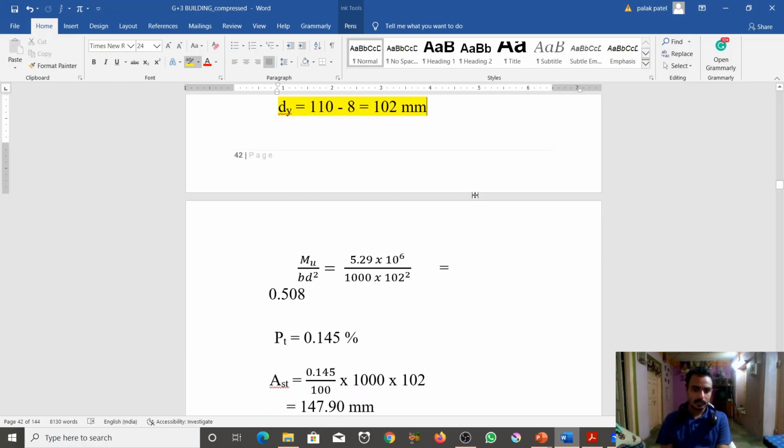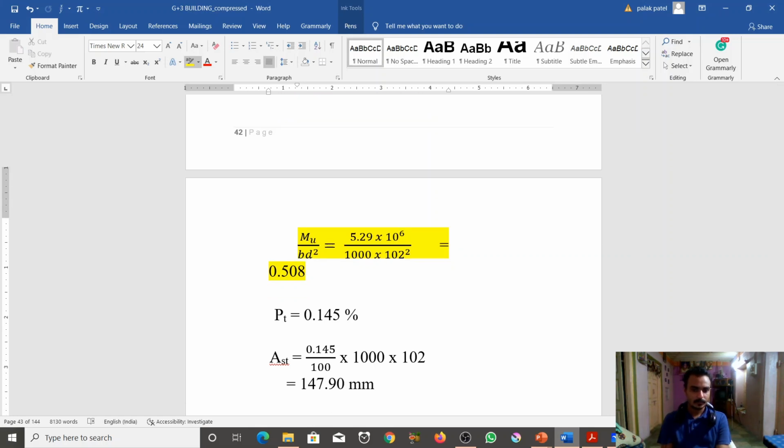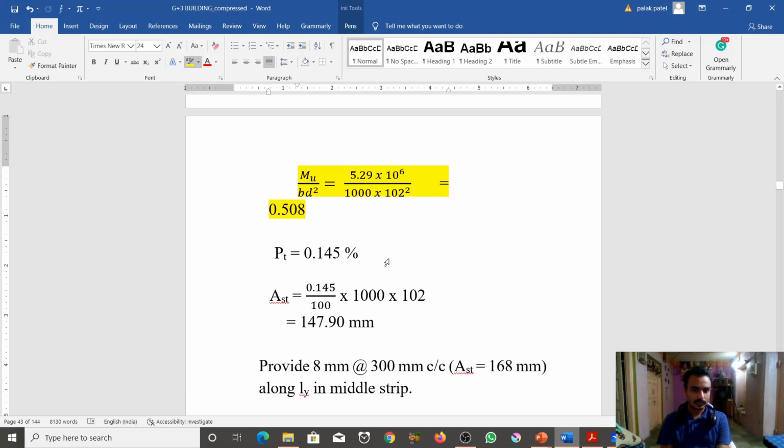Find out mu upon bd square: 5.29 into 10 raised to 6 divide by 1000 into 102 square. So mu upon bd square is 0.508. Find pt: 0.145 from the IS SP 16 page number 37.